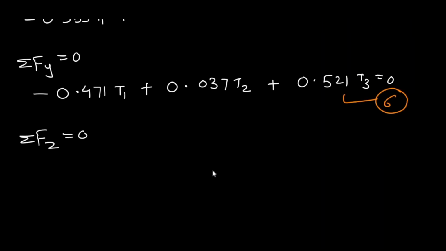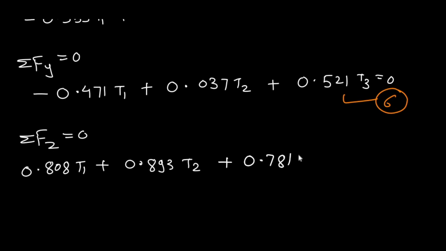So here we have 0.808 T1 plus 0.893 T2 plus 0.781 T3 minus 10 is equal to 0.